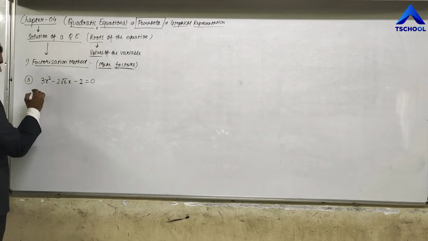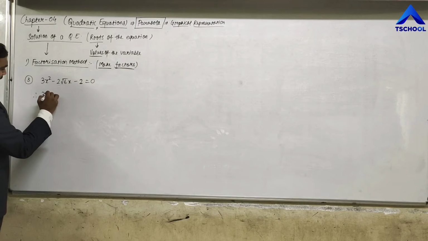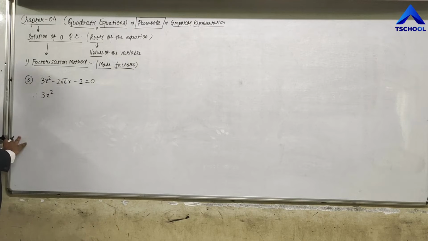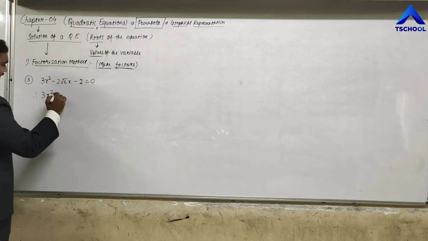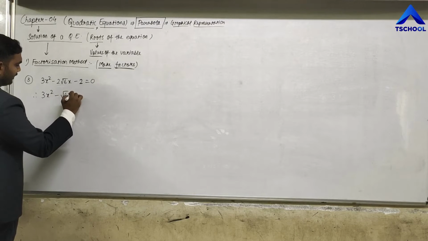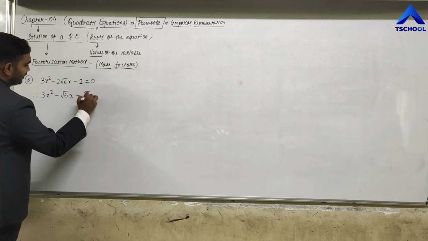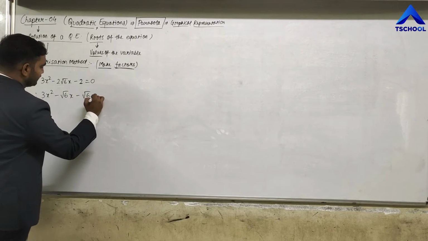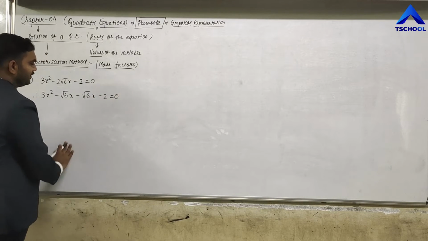So you can represent it like, that is 3x square, minus root 6, right? 3x square minus root 6x minus root 6x minus 2 is equal to 0.